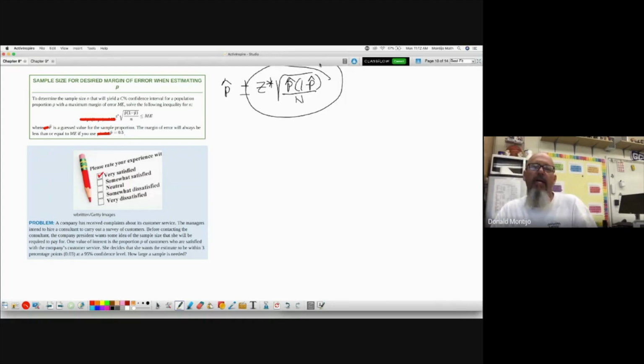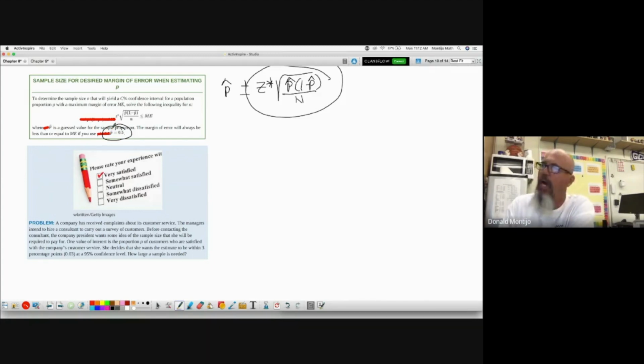Sampling is very expensive, very time consuming. So if we can minimize the size of our sample, we can probably save ourselves or our customers or our company lots of money. Since we do not know what p hat is, we don't know the true population proportion, in solving for n given a desired margin of error, we're always going to use 0.5.